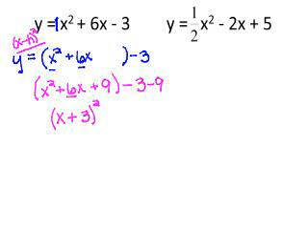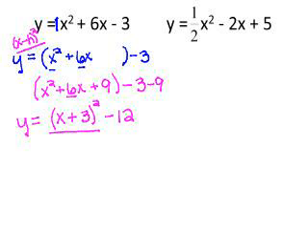That is okay, because 9 minus 9 is 0, and I can add 0 to anything and not affect it. I want this to stay in factored form, and all I have to do now is combine the negative 3 and the negative 9 at the end for minus 12. So that's all there is to that one.